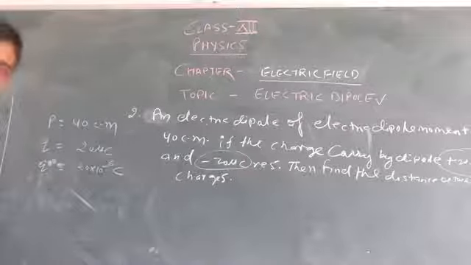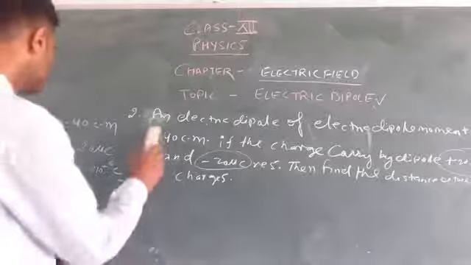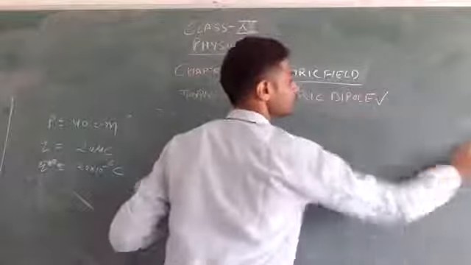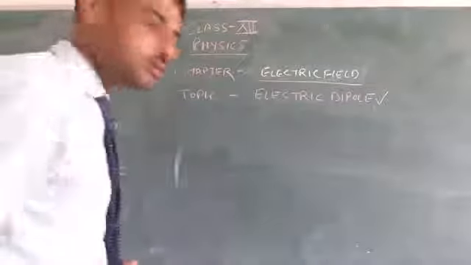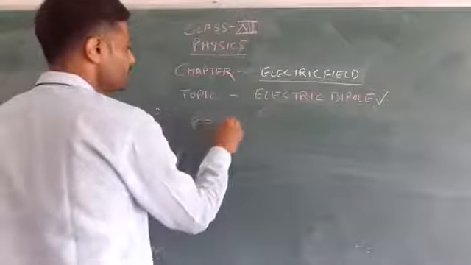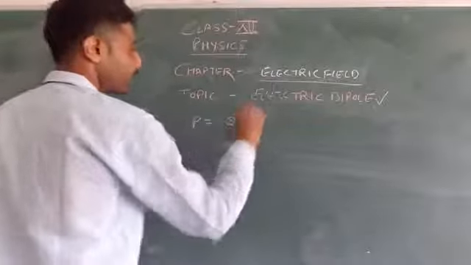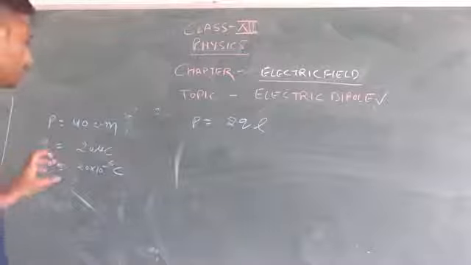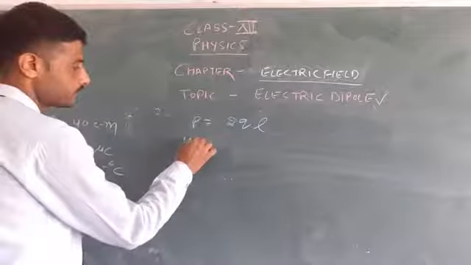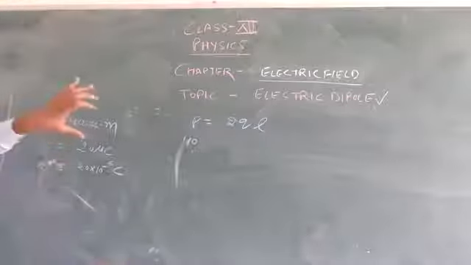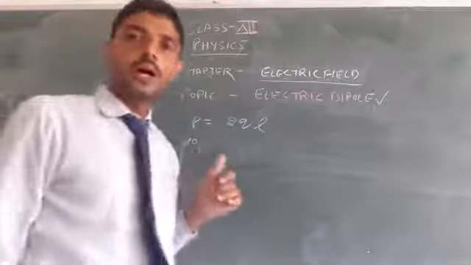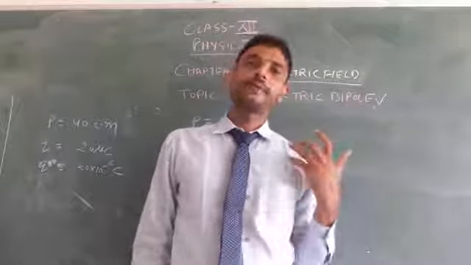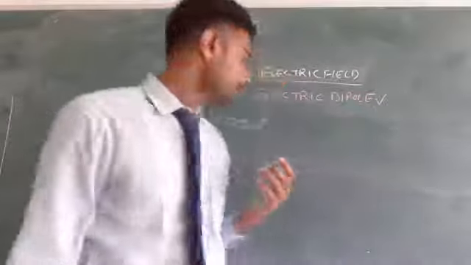So by using the formula, you can solve this numerical. As you know, P equal to 2QL. P is 40 coulomb meter, because coulomb and meter are in the MKS system, so no need to convert.